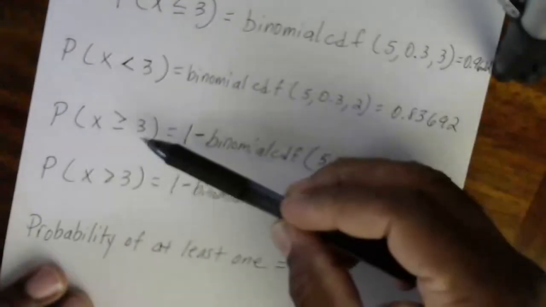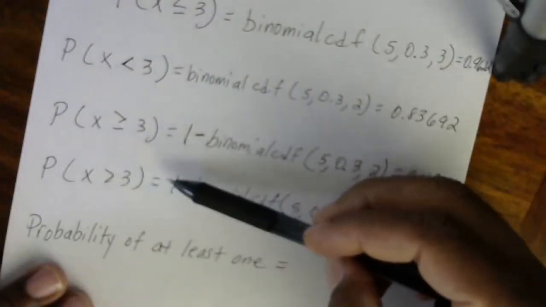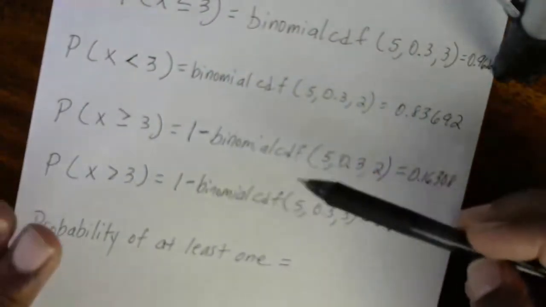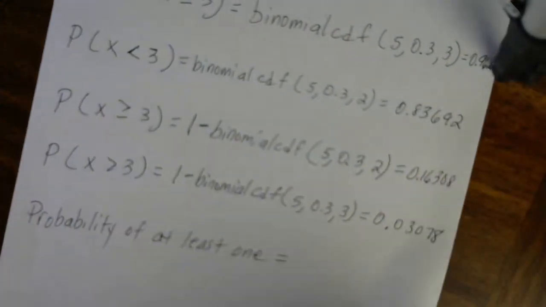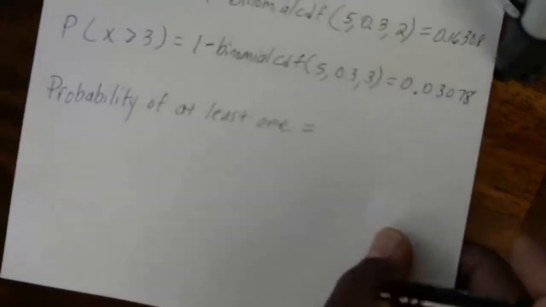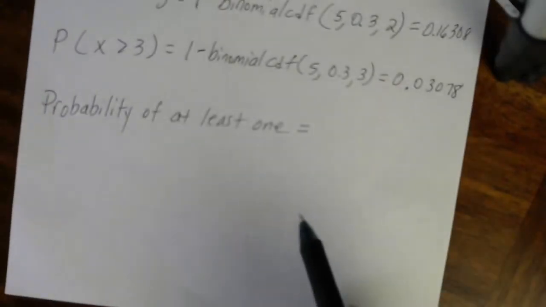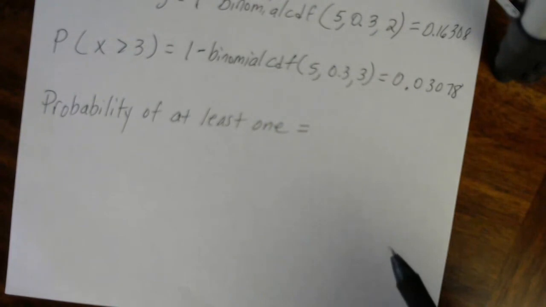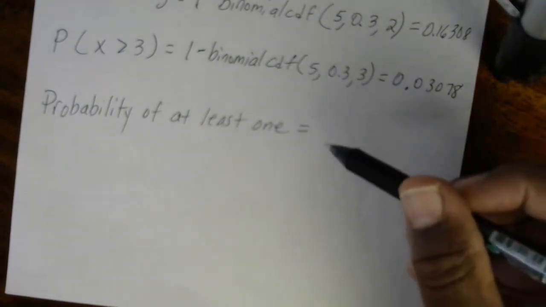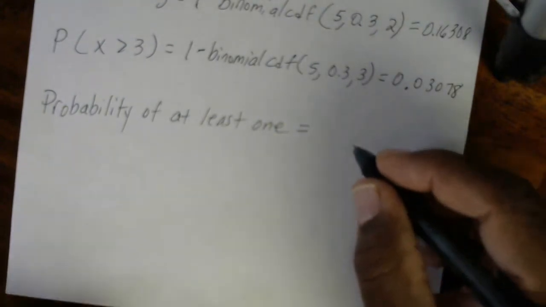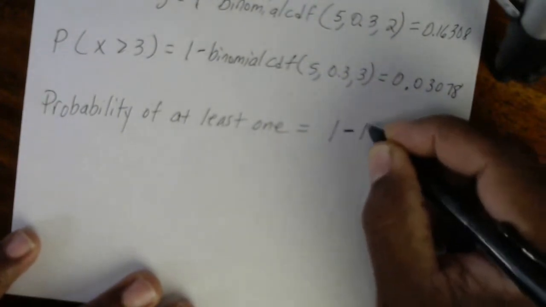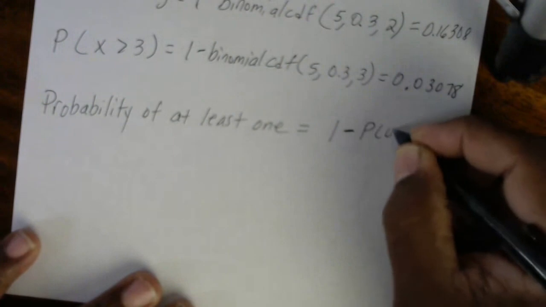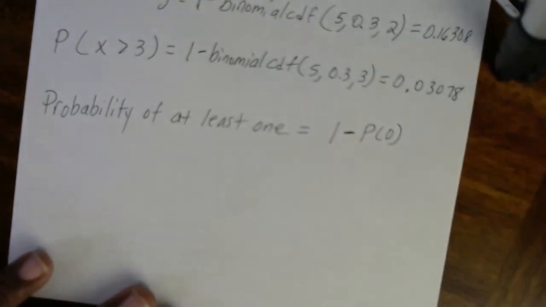All right, so if we're looking at greater than or greater than or equal to, we have to subtract from 1. Now let's look at this last one, because you'll see this a lot. This is the probability of at least 1. And in a nutshell, the probability of at least 1 equals 1 minus the probability of none, or the probability of 0.